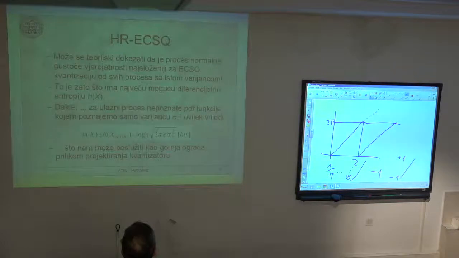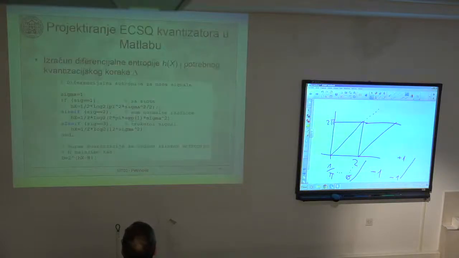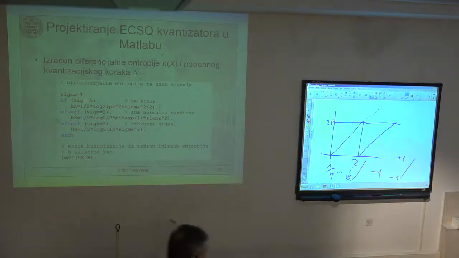Let me check if it is written here. For the uniform distribution, which corresponds to the triangular signal, it is 1/2 logarithm base 2 of 12 times sigma squared. The 1/2 is because it is a square root, so logarithm base 2 of the square root, which is the reason we have 1/2 in front of the logarithm. So we have now defined the differential entropy for all three types of signals.